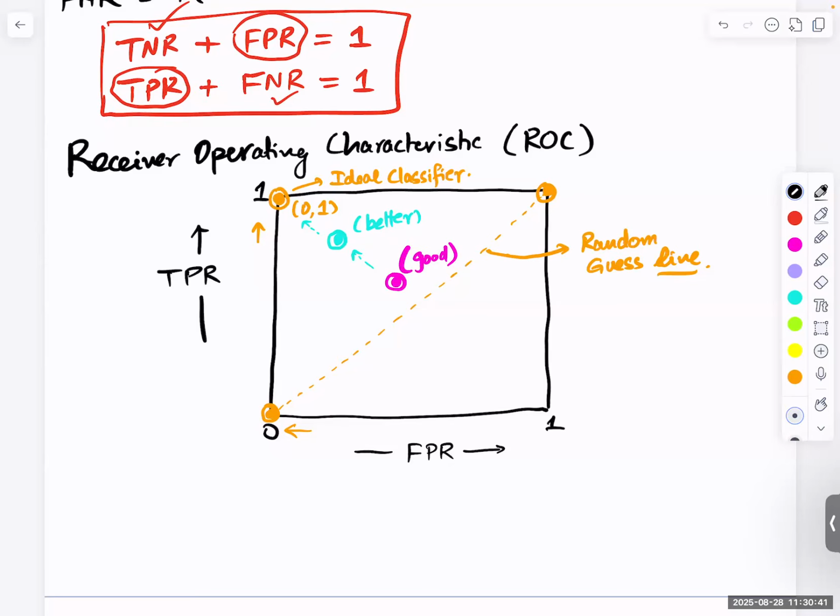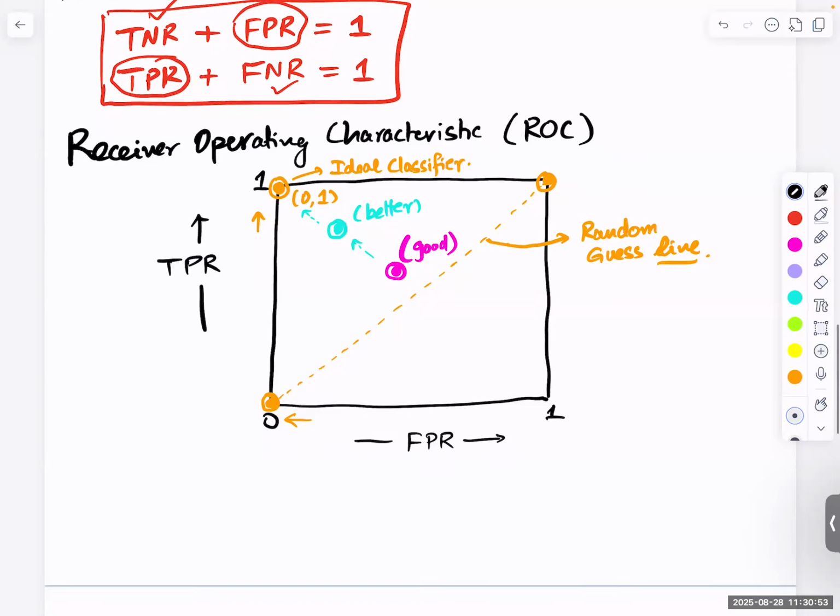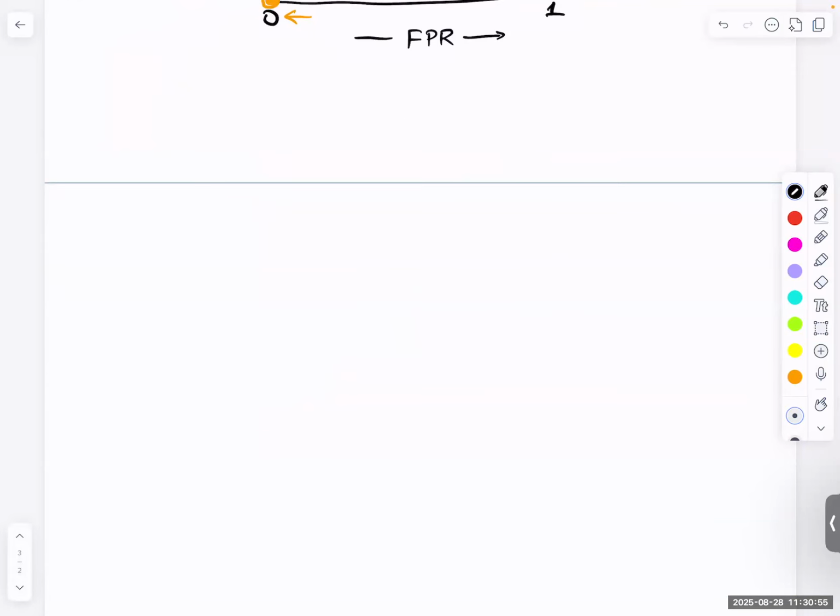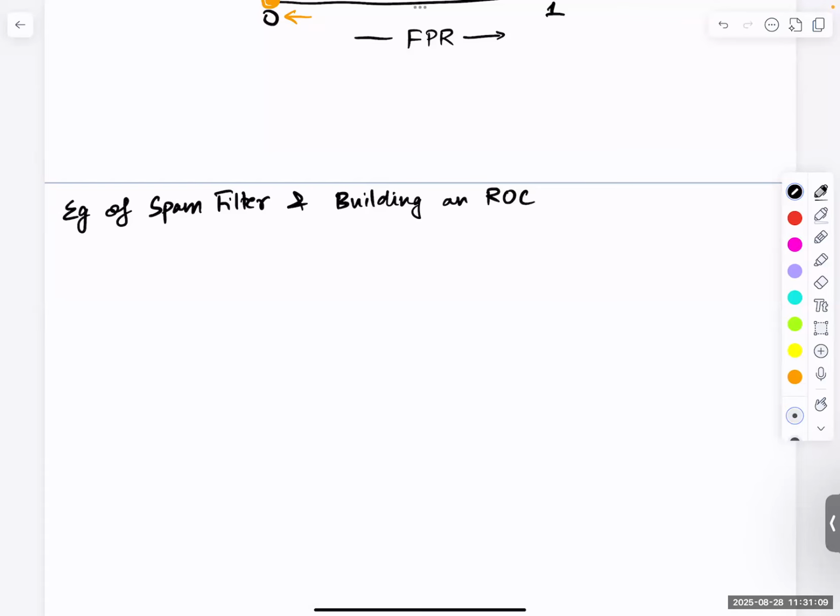All right. I want to give you an example building upon this concept of ROC, and show you what an ROC curve looks like. What I want to do next is an example of a spam filter, with some data, and how to build an ROC curve.